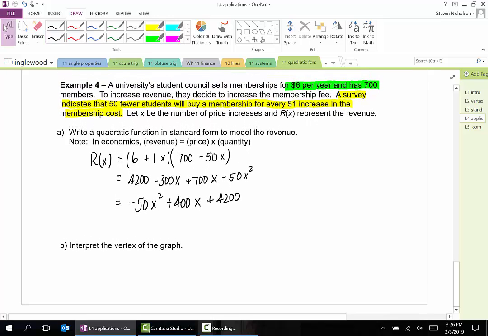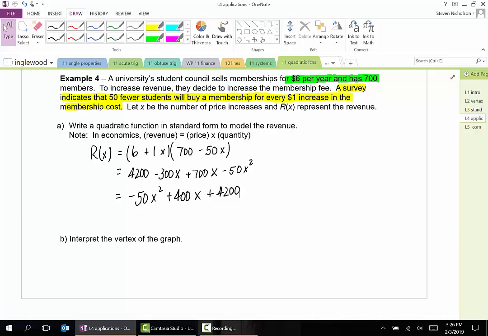So what this says is, remember we had $6 a year and 700 people, that's 4,200. If we had no price increases, if we left things the way they were, then we'd have that amount of revenue. But if we increase the price by $1, we would actually generate more revenue. And you could plug that into your graphing calculator if you want right now. But here's what I want you to see.